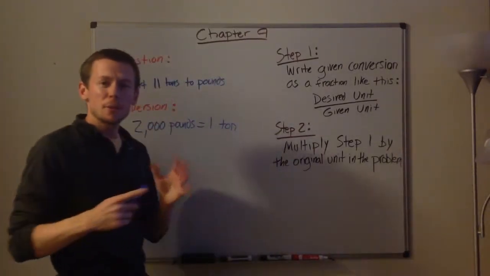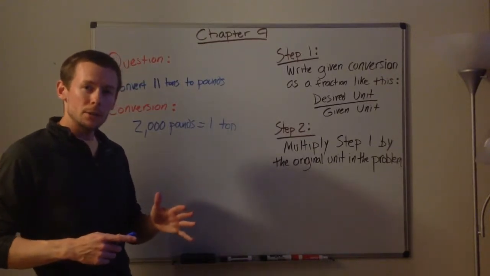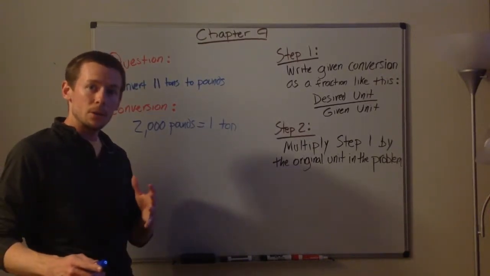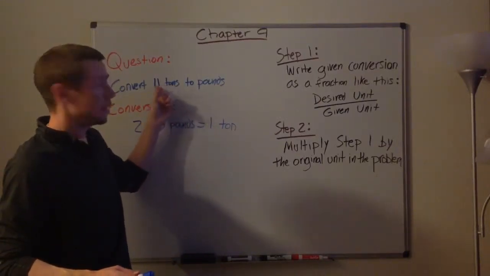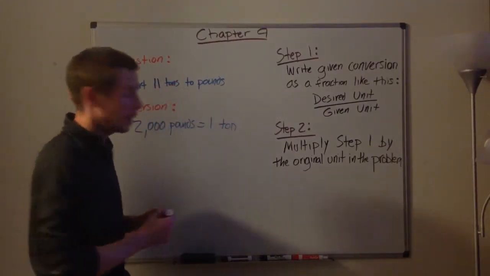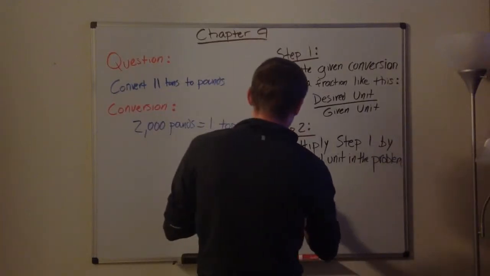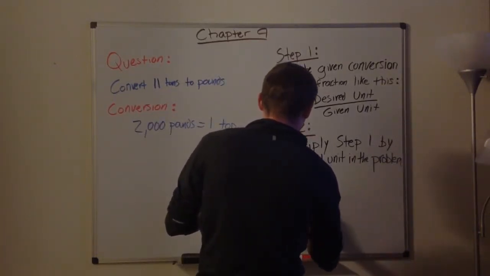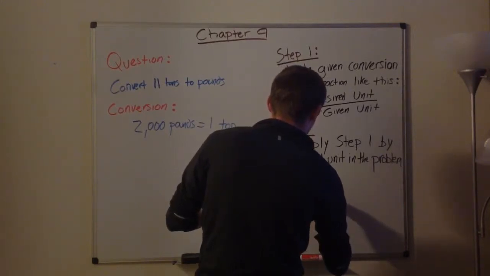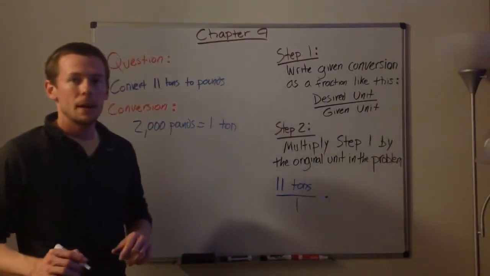There's possibly another way to approach this, and let me start by doing it with the given original unit first, and I'm going to write that as a fraction over 1.